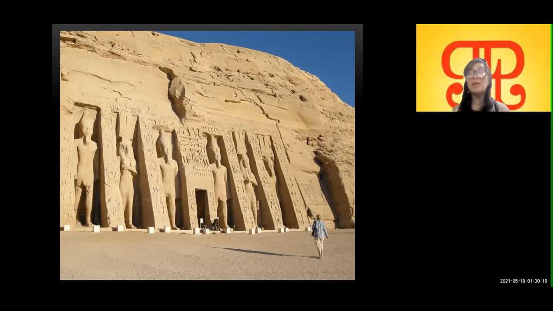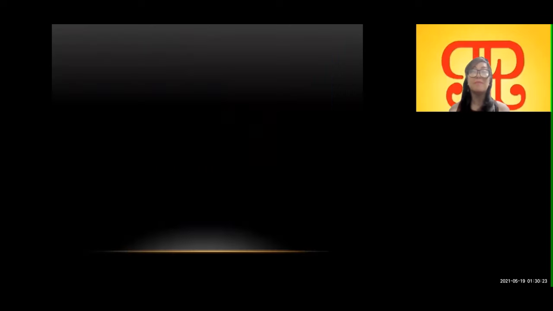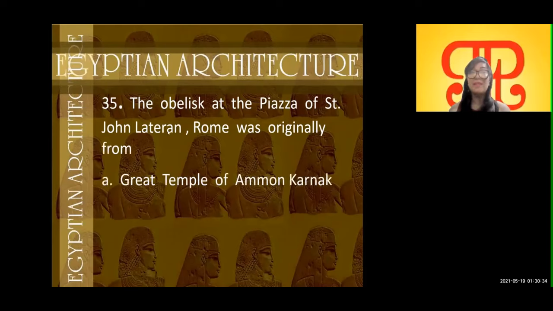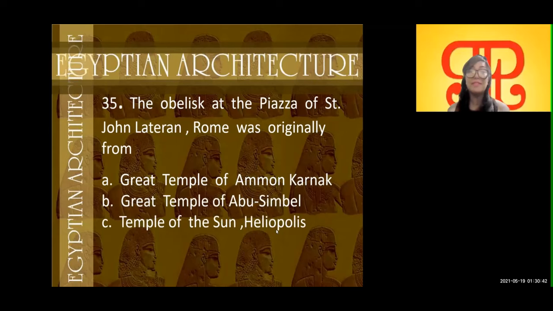This is very near this temple of Abu Simbel. Next is number 35. The obelisk at the Piazza of St. John Lateran, Rome, was originally from, is it A, the Great Temple of Amun-Karnak, or is it B, the Temple of Abu Simbel, or is it C, the Temple of the Sun Heliopolis, or is it D, Great Temple Abydos?